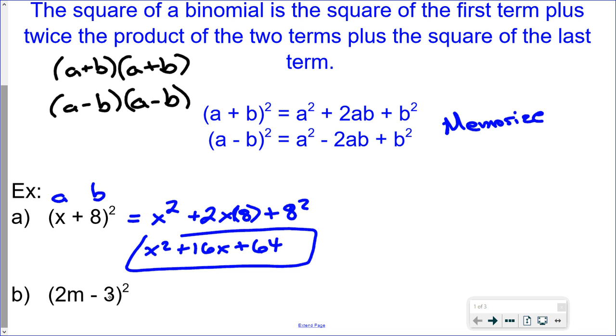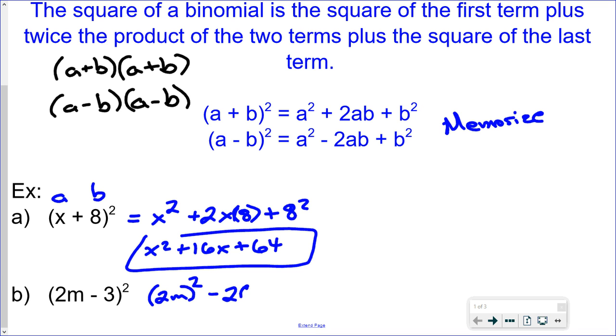Let's do this again. The format here, since this one's minus, is a squared minus 2 times a times b plus b squared. So we take a squared, that's 2m squared. I'm showing more work than I would do on my own. If I was doing this on my own, I would just write 4m squared here, since 2m times 2m is 4m squared.